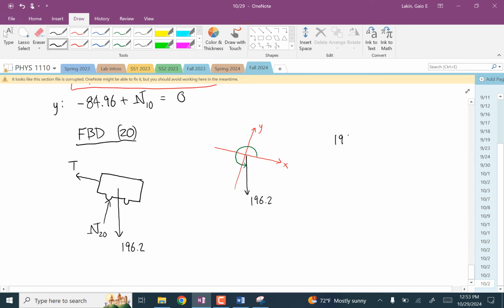So we have 196.2 times the cosine of 280, 196.2 times the sine of 280. And so I got 34.07, negative 193.22.